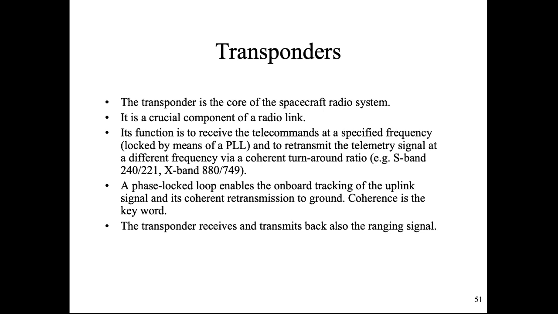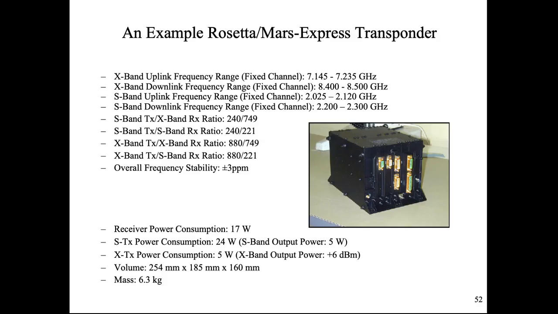The transponder is also used for ranging signal, so it receives a ranging modulation and retransmits it coherently to ground. And this also generates other radiometric observables useful for the determination of the angular position of the spacecraft.